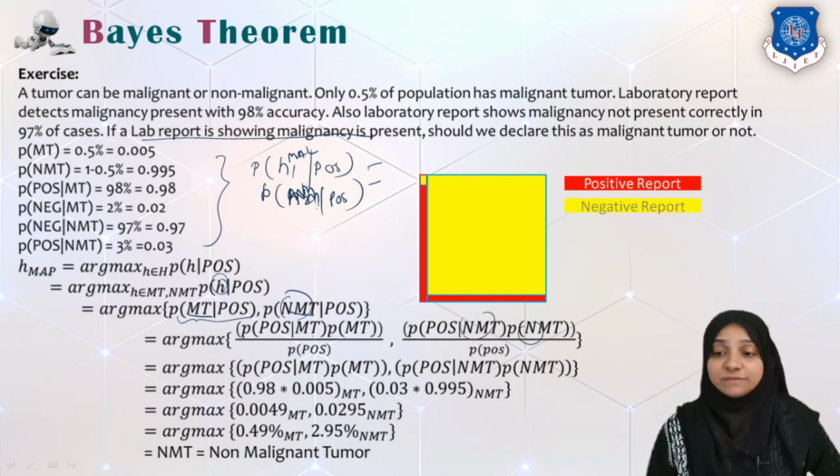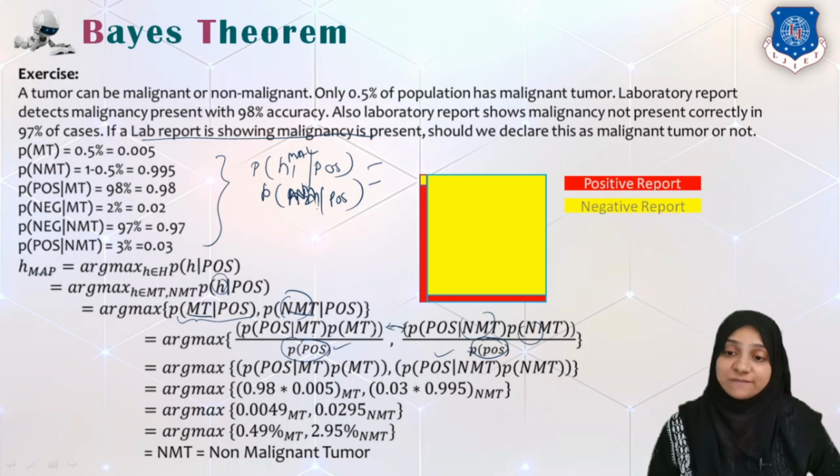In each of these cases, as you can see, the denominator is the same. So irrespective of this value, we are judging greater or lesser value based on the numerator. So at this stage, we can directly skip calculating the probability of positive result. We will directly calculate the argmax result based on the numerator only.